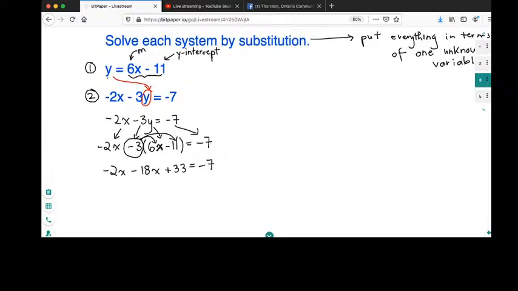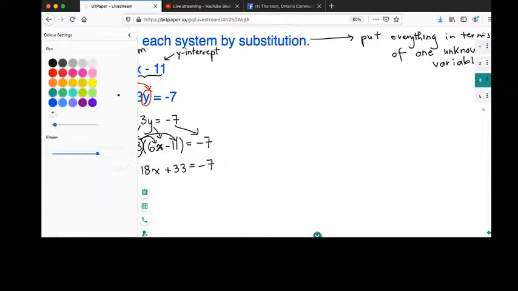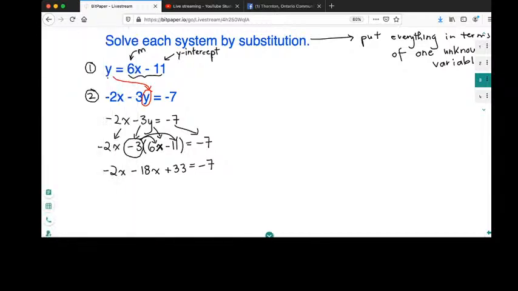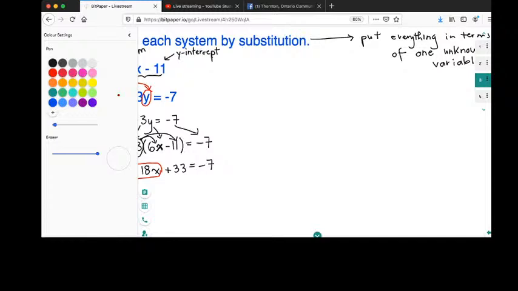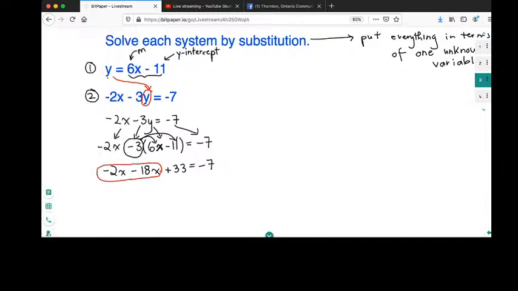So I've got two like terms over here, the ones with the x's on them: negative 2x minus 18x. And then I've got these like terms of positive 33 and negative 7. So first let's collect this like term. Negative 2x minus 18x is negative 20x. And then I've still got positive 33 equals negative 7.